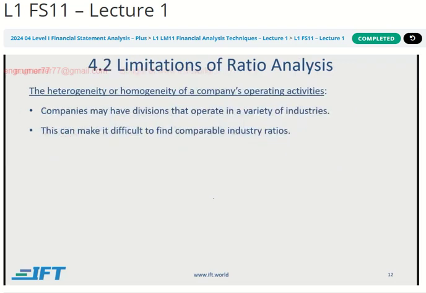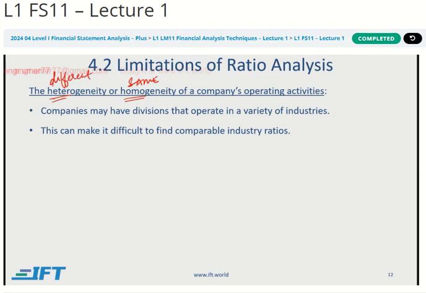So that's fantastic. Just by looking at 10 or 15 different ratios, you can get to know a lot about a company. But then again, there are limitations, because every company is different. That's where the homogeneous or heterogeneous discussion comes in. Homogeneous means same, and heterogeneous means different.